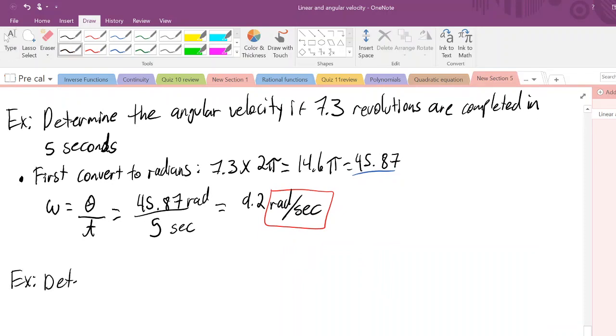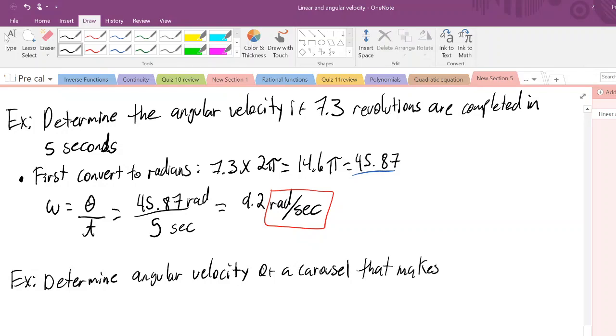Example: Determine the angular velocity of a carousel that makes 2 5/8 revolutions per minute to radians per second.